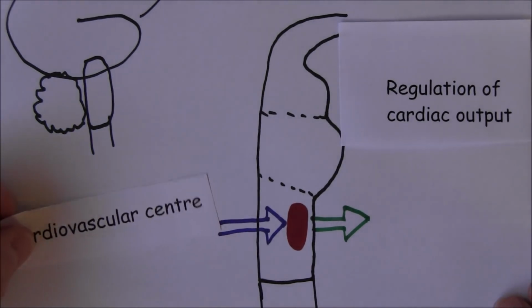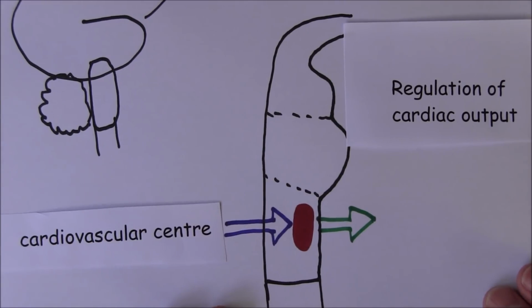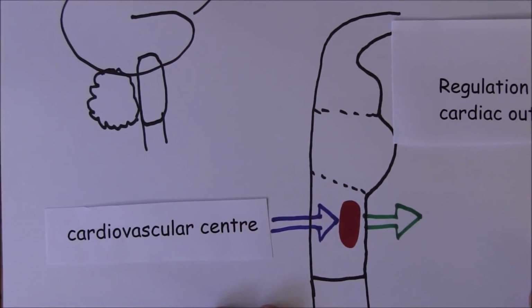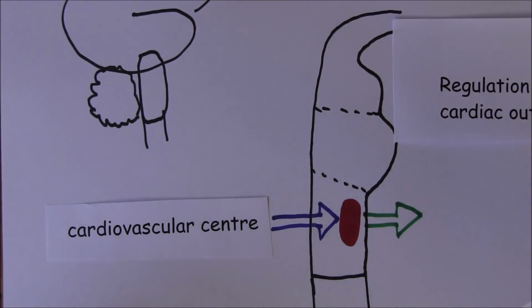So here we have the cardiac centre, which also controls other aspects of the circulatory system, the cardiovascular system, in red here, in the medulla oblongata. But it needs to receive inputs. And basically there's two groups of inputs that it receives.